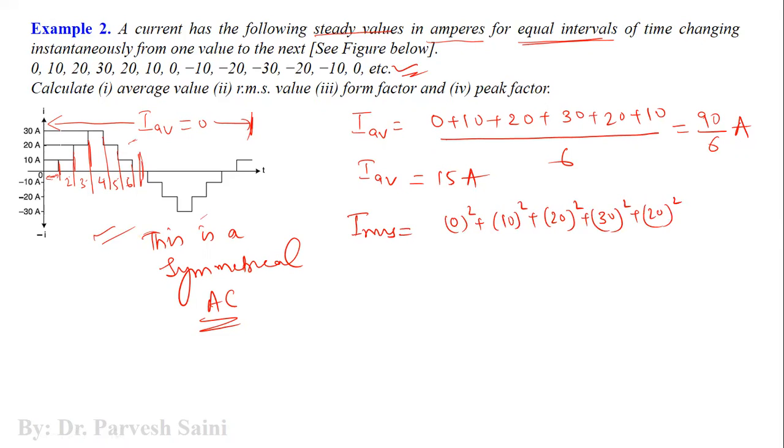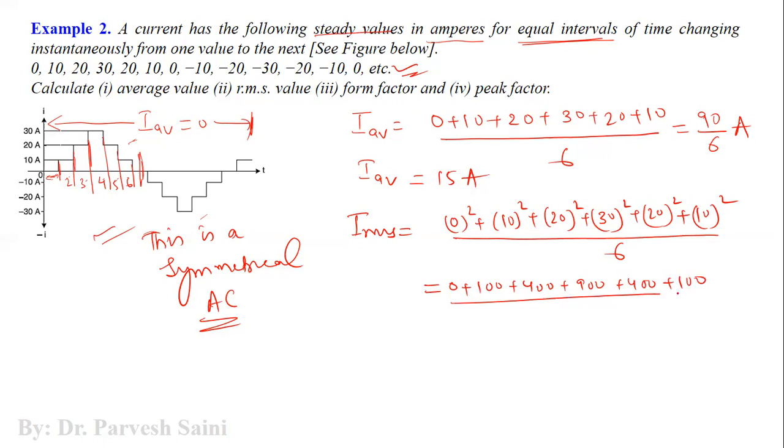Whether it is a positive value or a negative value, it would be the same. A negative square is also positive, and a positive square is also positive, right? So plus 10 square divided by 6. So this is equal to 0 plus 100 plus 400 plus 900 plus 400 and then plus 100, divided by 6.